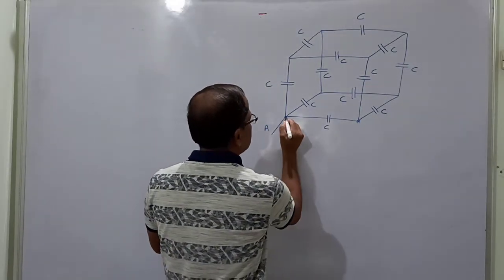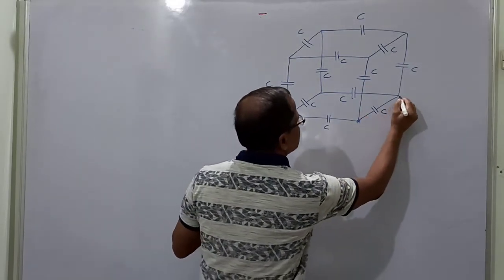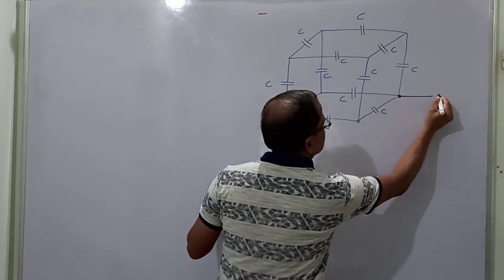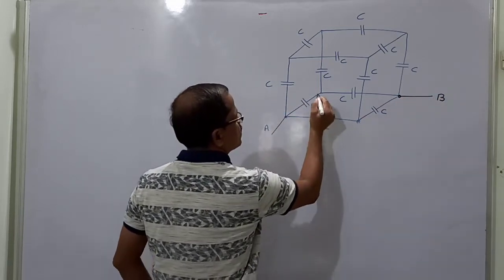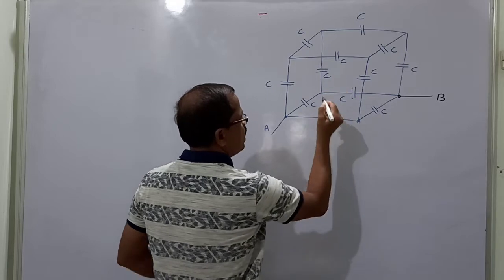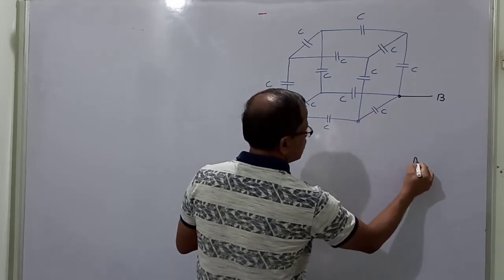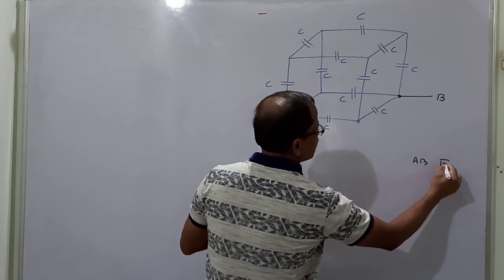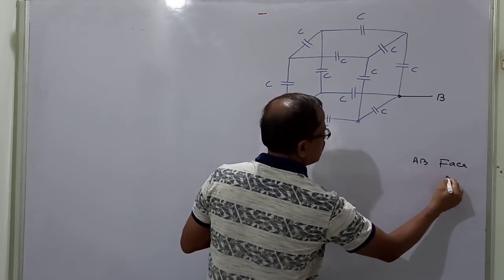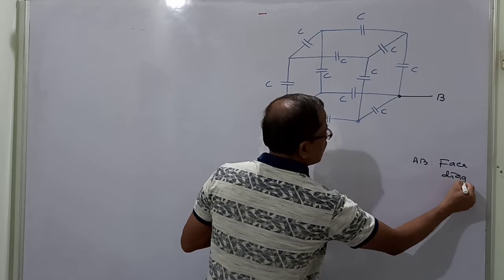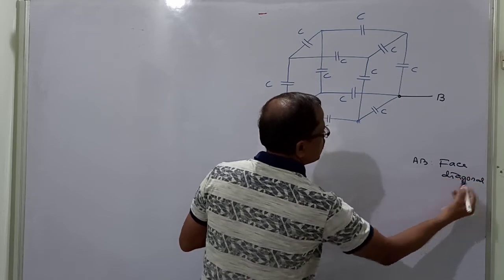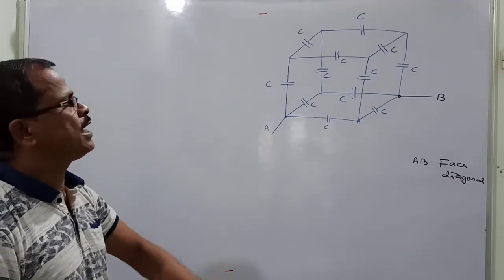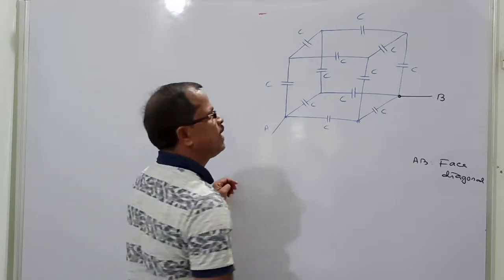Now I want to find the net capacitance about the diagonal of a face. This is the face of the cube, and AB represents the face diagonal of the cube. So about the face diagonal, we are interested in finding the capacitance.